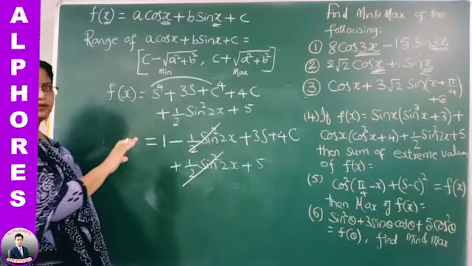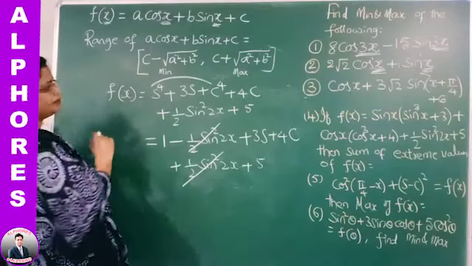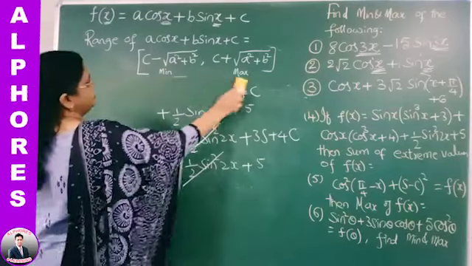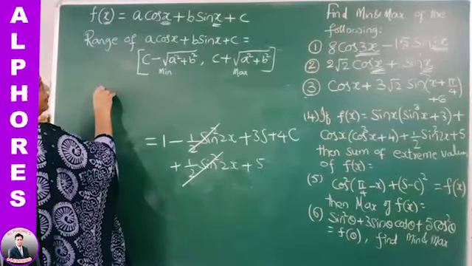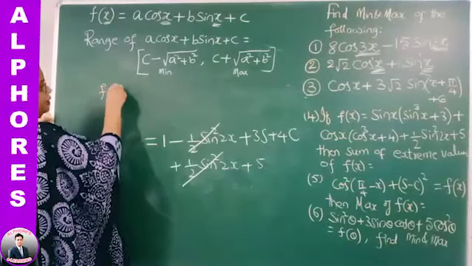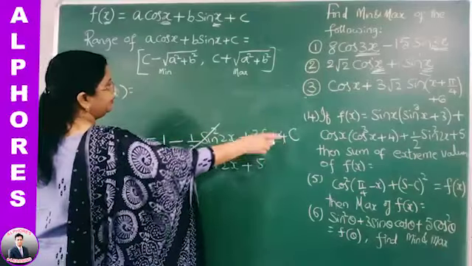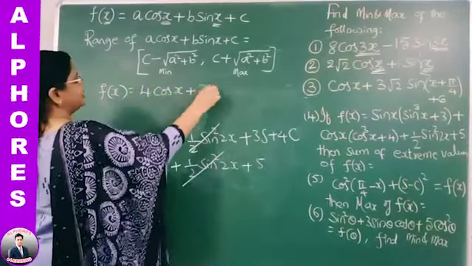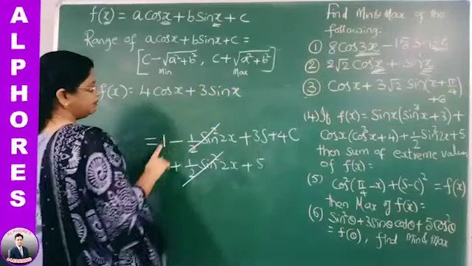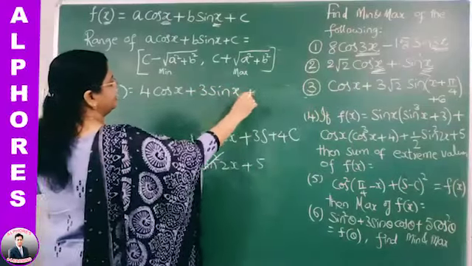Directly you can make use of our previous formulae. Therefore finally, students, what is the value you got here? f of x is equal to 4 cos x, right? And after that plus 3 sin x, and next value 1 plus 5.